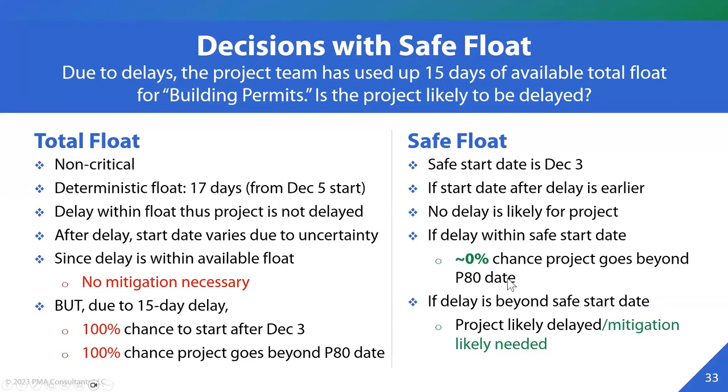But if we are using safe float right at the start of where the delay happened, we can tell you whether mitigation measures should be necessary in this particular scenario, because we have gone past the safe start date. So it gives you an early indication compared to total float.